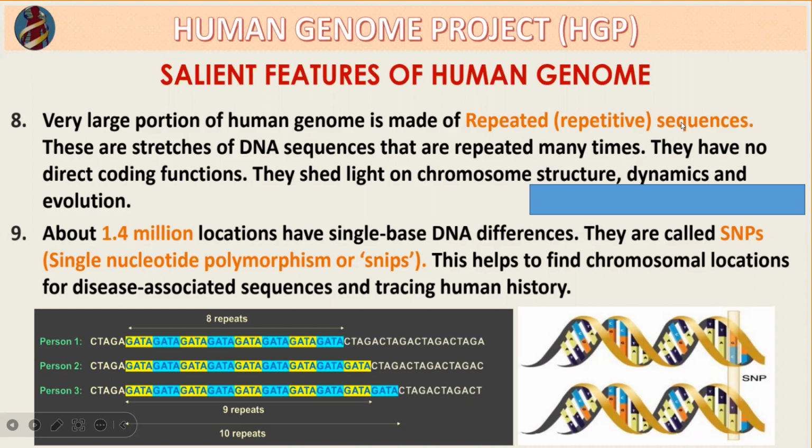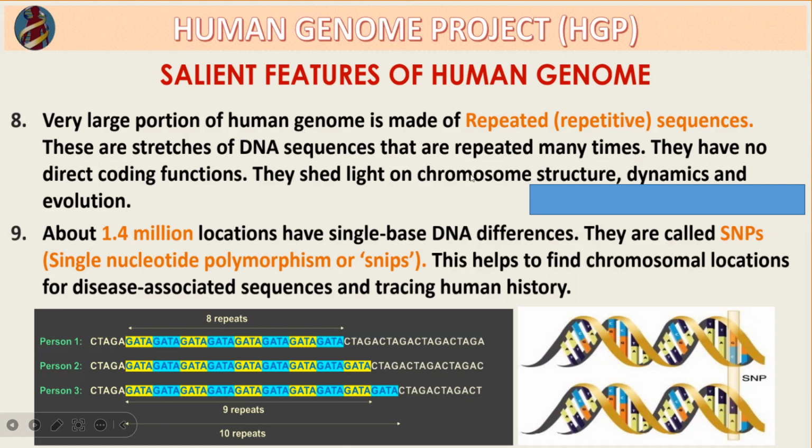Now this is about repeated sequences. A very large portion of the human genome is made up of repeated sequences. Most of the sequences are repeated and these do not code for protein. These are stretches of DNA that are repeated many times. They have no direct coding function.